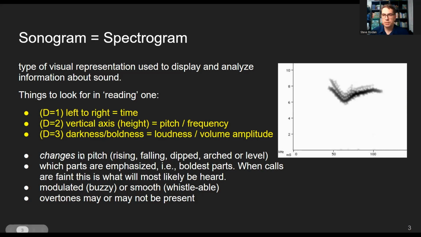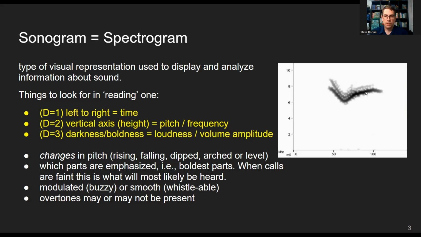Things you can notice when you see a spectrogram like this. First is changes in pitch, like I showed before. You see it falls first and then rises and levels off. A dip and an arch. The other point is to notice which parts are emphasized or boldest. So, like I said, on the right here, it's a little bit bolder.